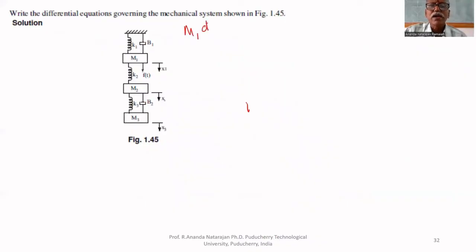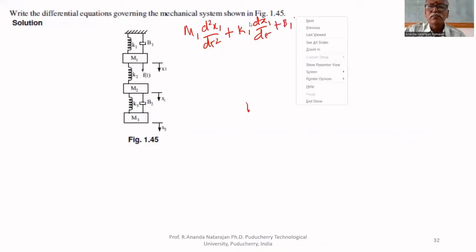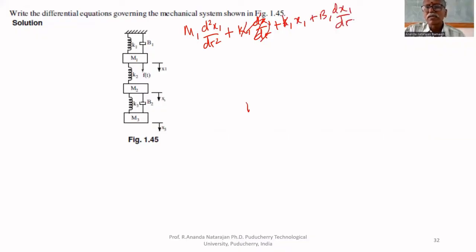M1 d square x1 by dt square plus B1 dx1 by dt plus K1 x1 plus this K2. For this K2, we can write K2 multiplied by x1 minus x2 equal to applied force F of t.